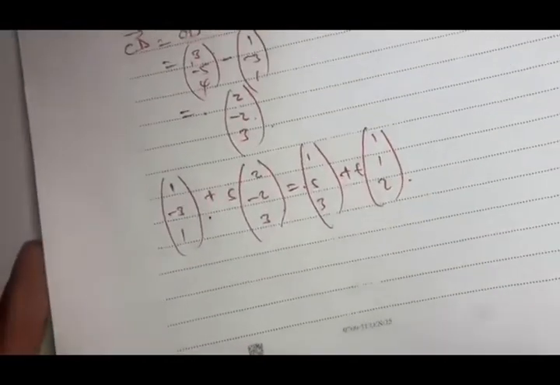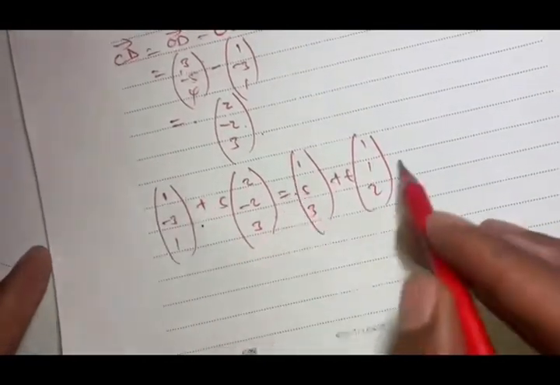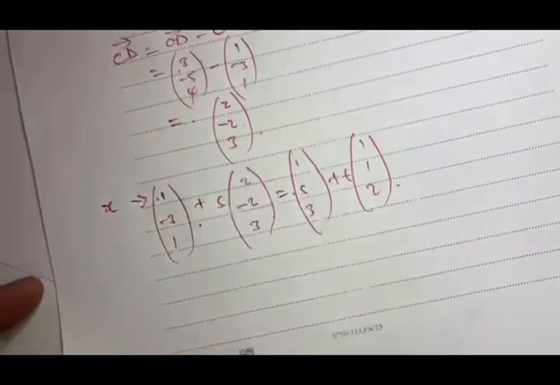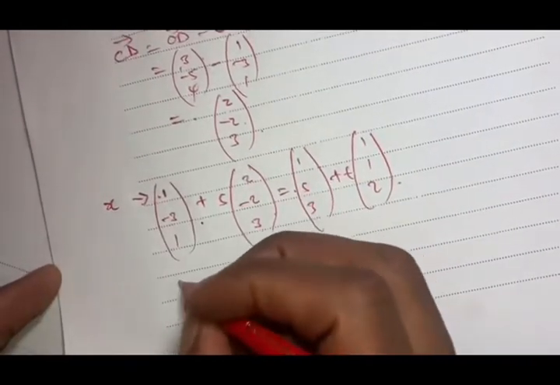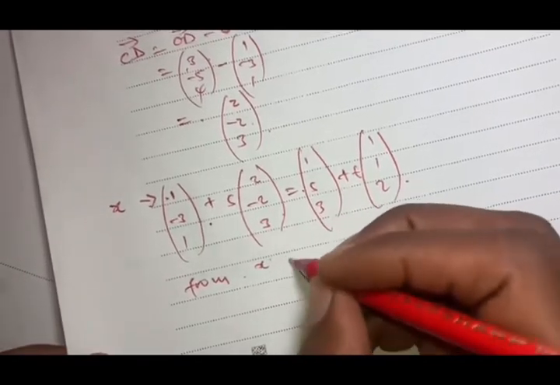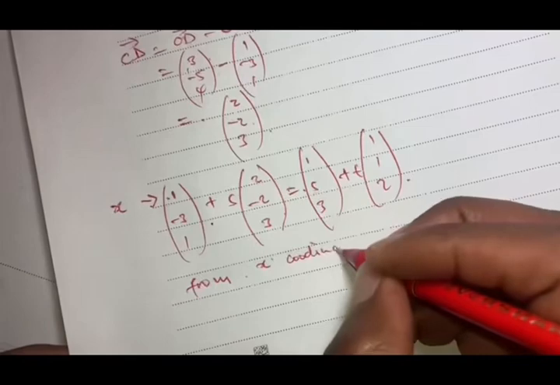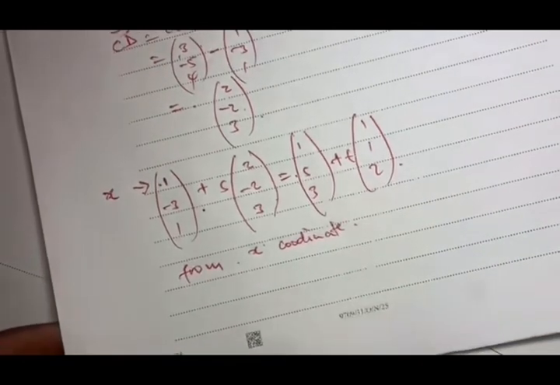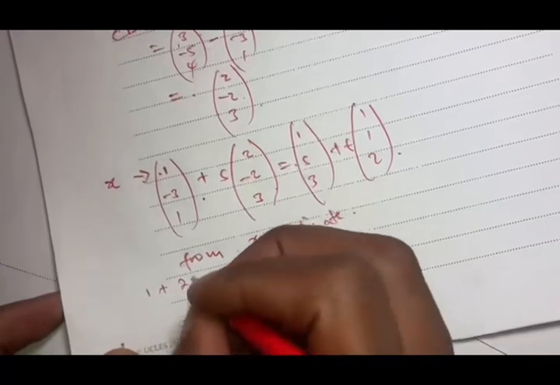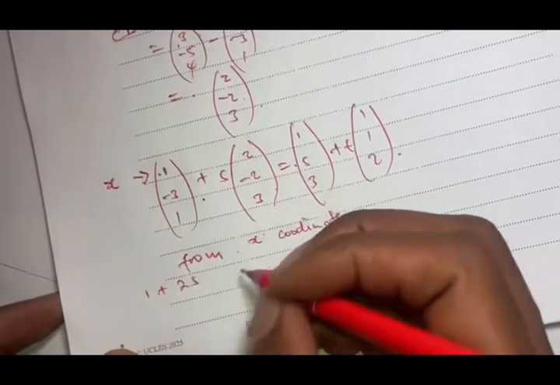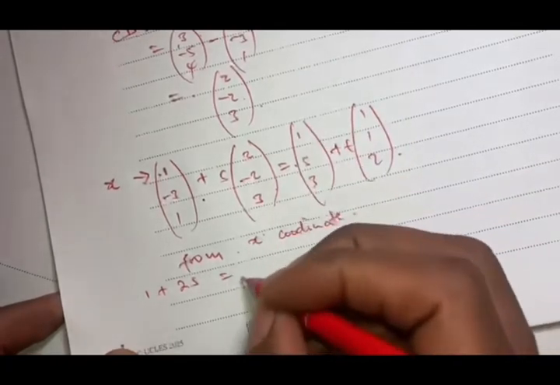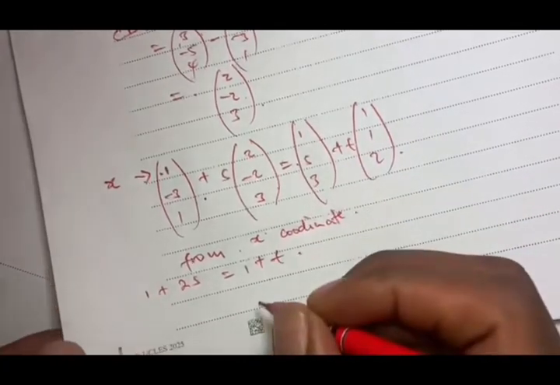Then I can now equate this, maybe from the x coordinate. From the x coordinate, I'm going to have minus 1 plus 2x is equal to 1 plus t.